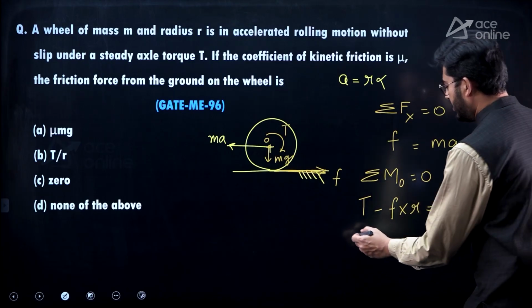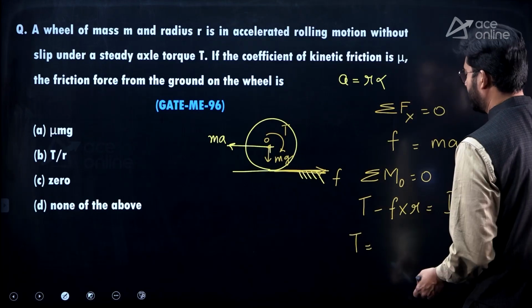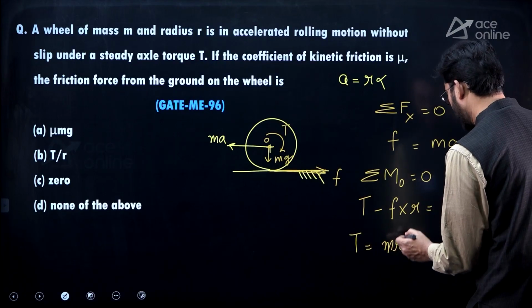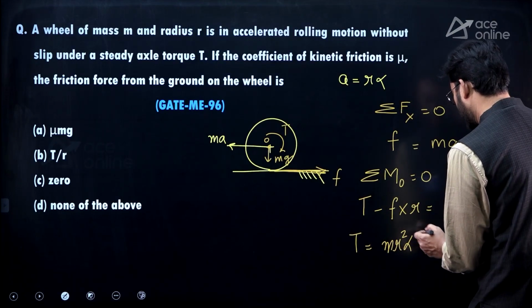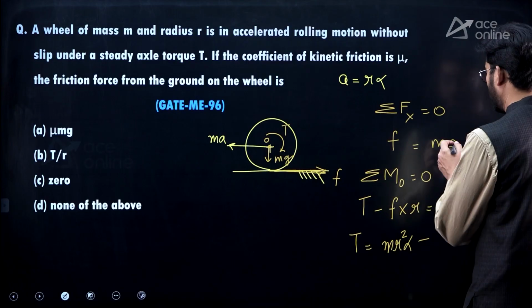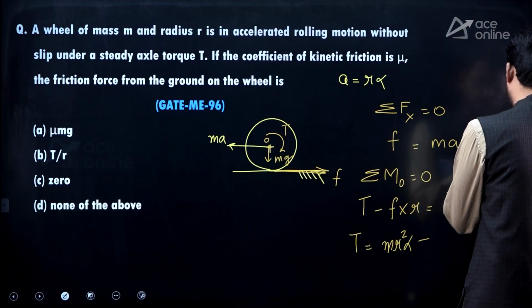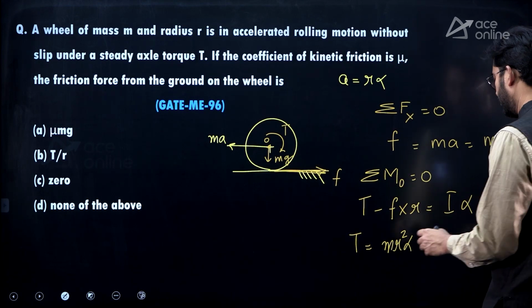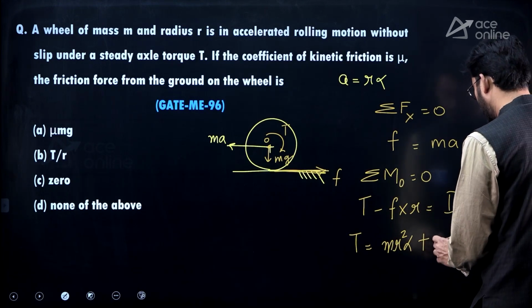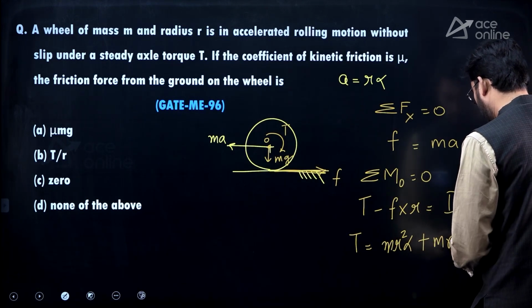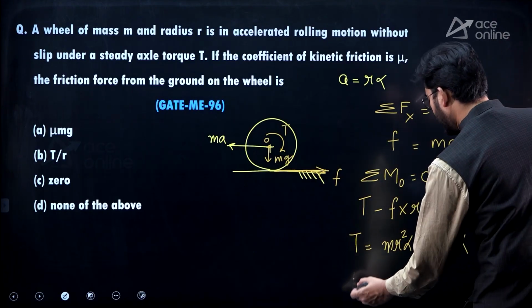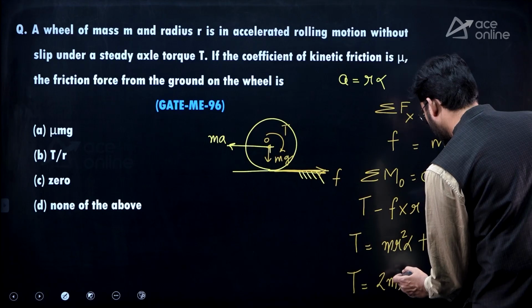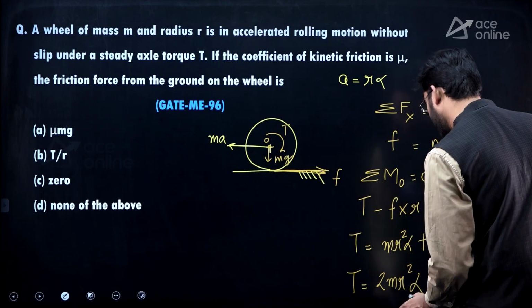So T is equal to I alpha plus F into R, where F is m into A, which is equal to m times R into alpha. I is mr square, so this will be mr square alpha plus mr square alpha. So here we get torque equal to 2 times mr square alpha.